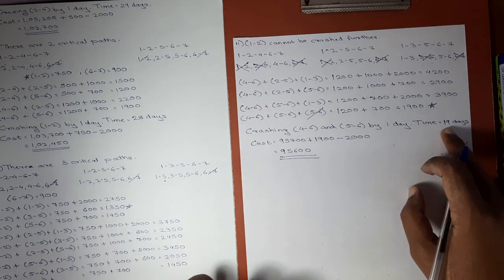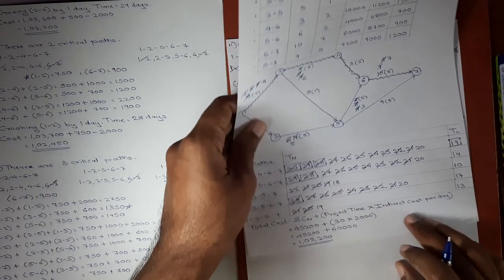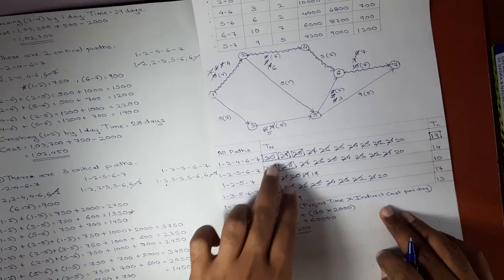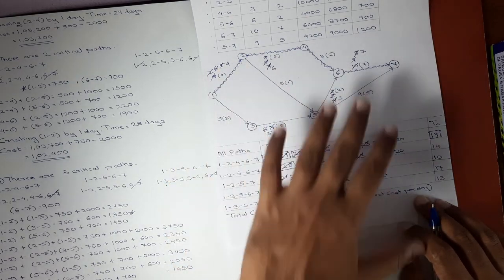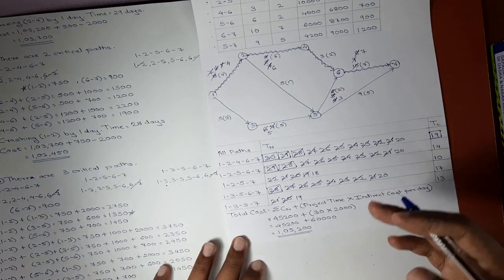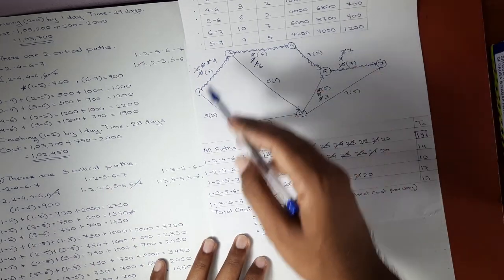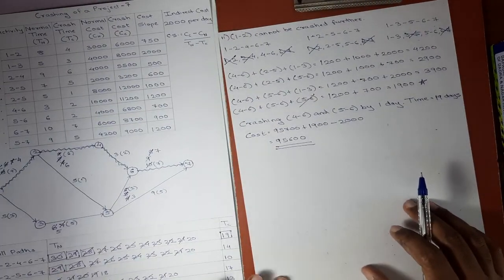Now the time is 19 days, and in the first step where we prepared the table, it was clear that the crashing will start at 30 days and it will stop at 19 days. Now even though there will be scope to crash the activities further, we will not be doing it because there is no way the total project can be completed in less than 19 days. So as 19 days duration is reached, we will stop our crashing process.